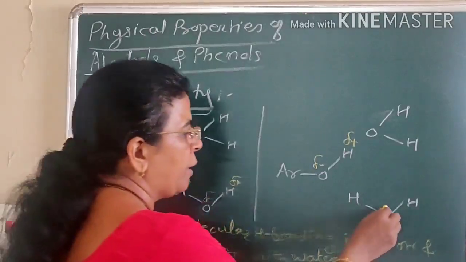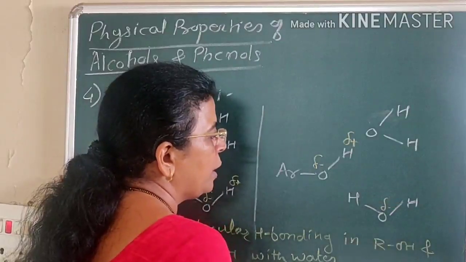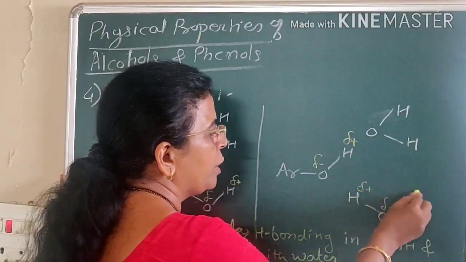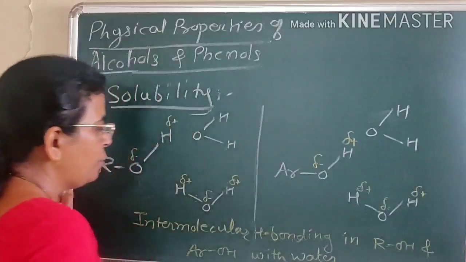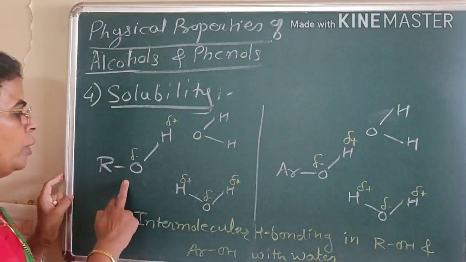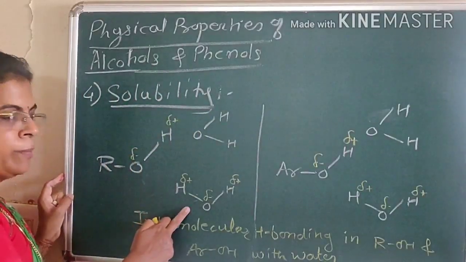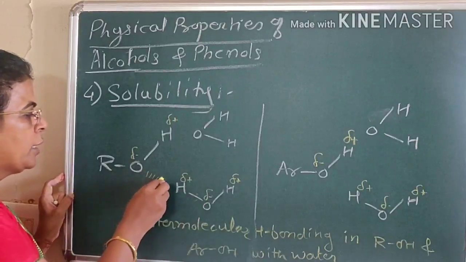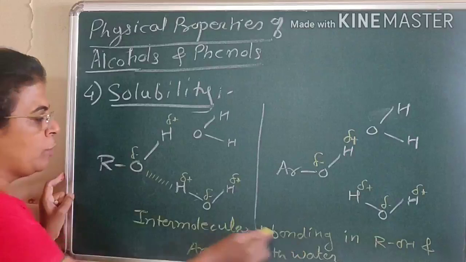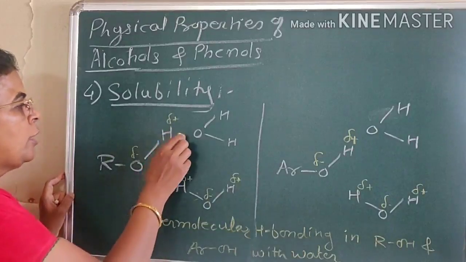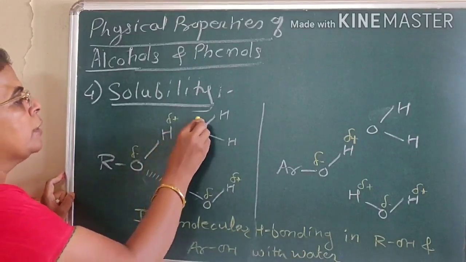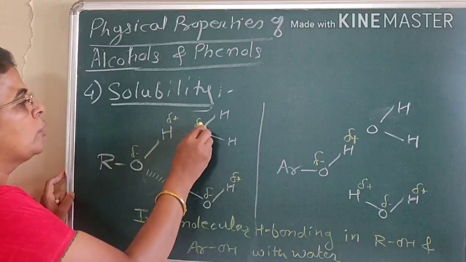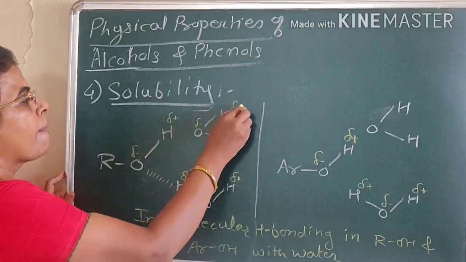Here also the same thing, this oxygen becomes negatively charged and this hydrogen becomes positively charged, and therefore when this alcohol comes in contact with a water molecule, they form hydrogen bonding like this, intermolecular hydrogen bonding. Here also this hydrogen gets bonded with this. Here also the same hydrogen bonding is observed like this.